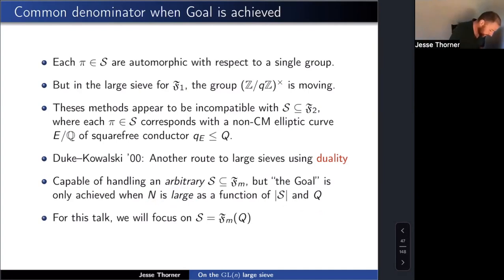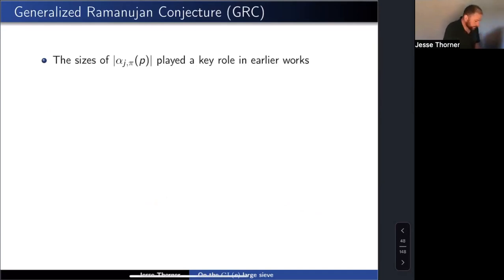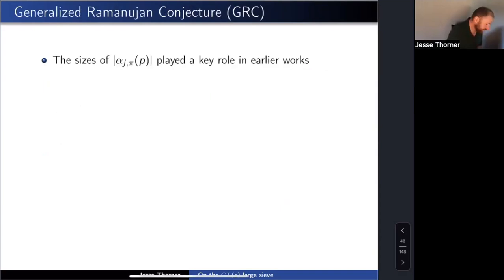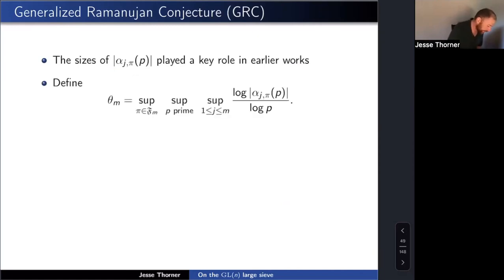In the work of Duke and Kowalski, and also in my work with Zaman, the generalized Ramanujan conjecture plays a pretty big role. That is a statement about the size of the parameters alpha_{j,pi}(p) that show up in the Euler product factorization of L(s, pi).